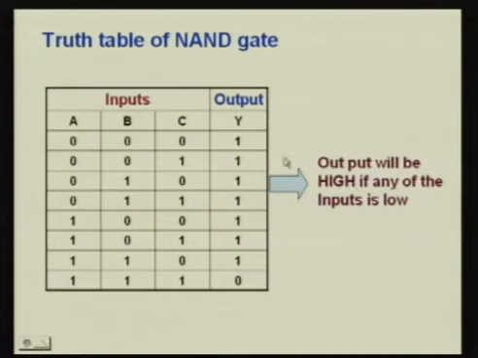The output will be in 0 state only if all the inputs are in one state. So this statement can be generalized for a NAND gate: if any input is low, the output will certainly be in the high state.